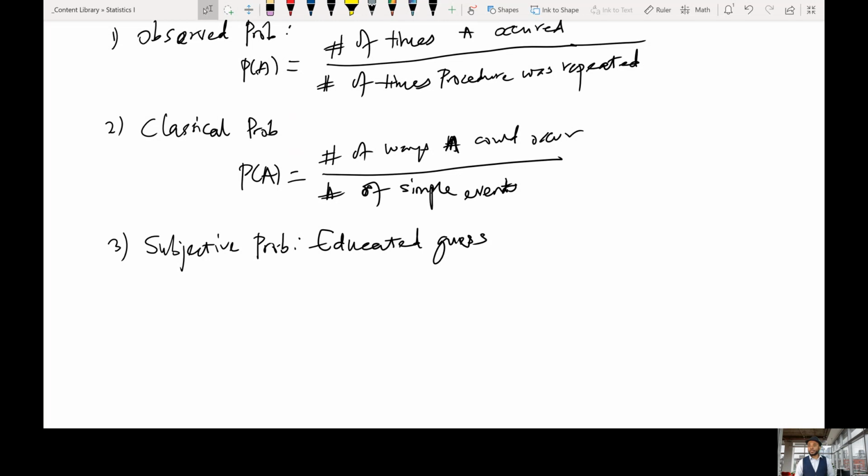Now, let's look at how to compute some probability. Let's have our cards ready. I think I'm going to do this without shuffling a card. So assume I have my cards and I shuffle my cards.